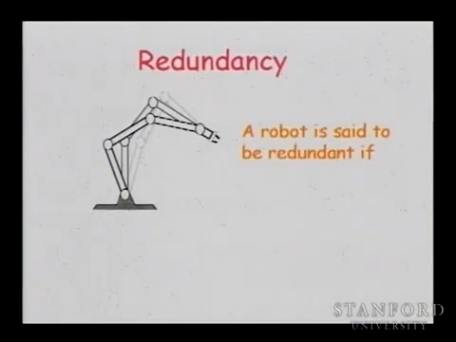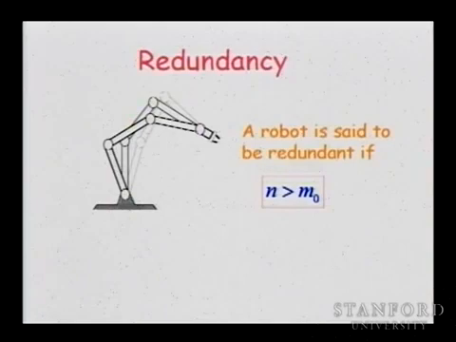So for the same end effector configuration, you have different possible configurations of the structure, of the links. And that means we have redundancy. So we call the robot redundant if the number of degrees of freedom of the robot, n, is greater than the number of degrees of freedom of the end effector, m0. So if we have this situation, m0 here equal to 3 and n equal to 4, then the robot is said to be redundant.